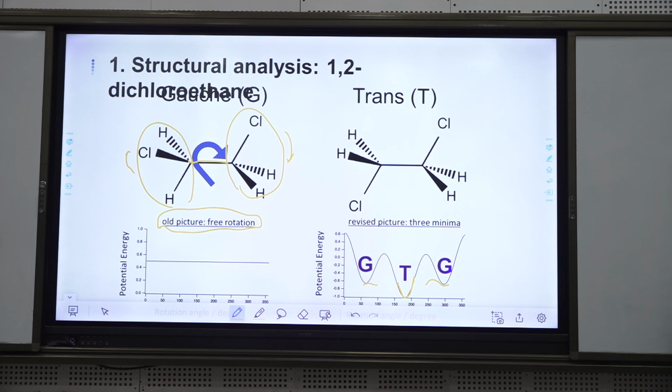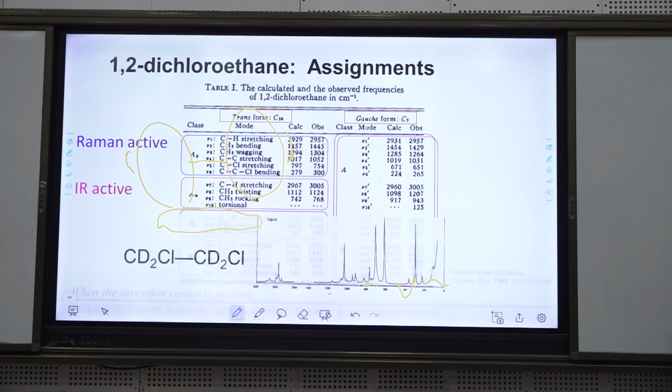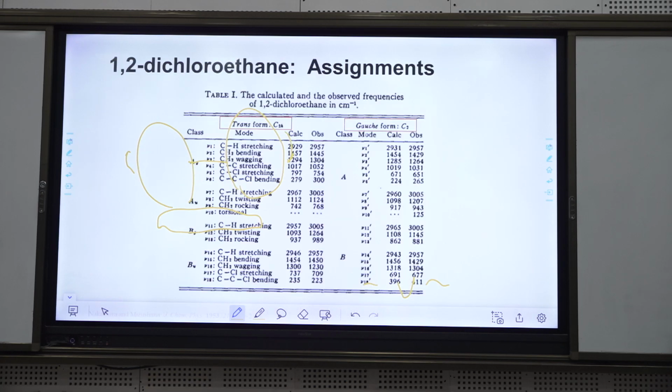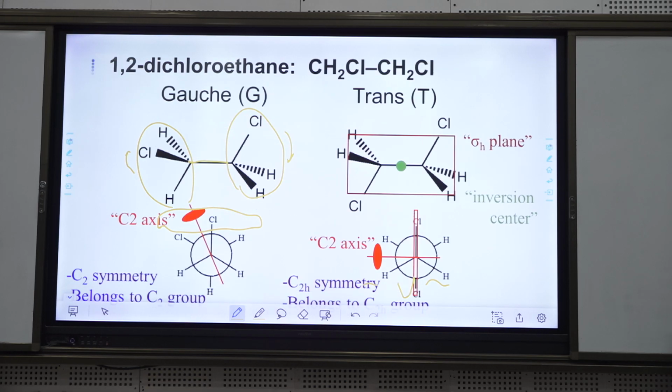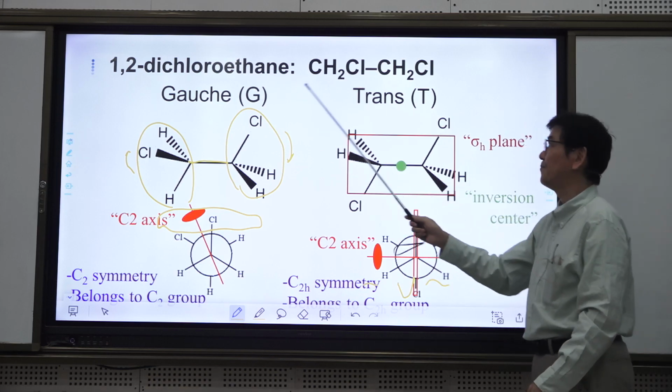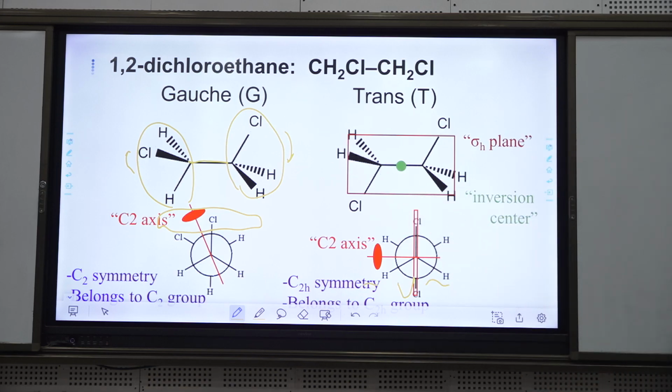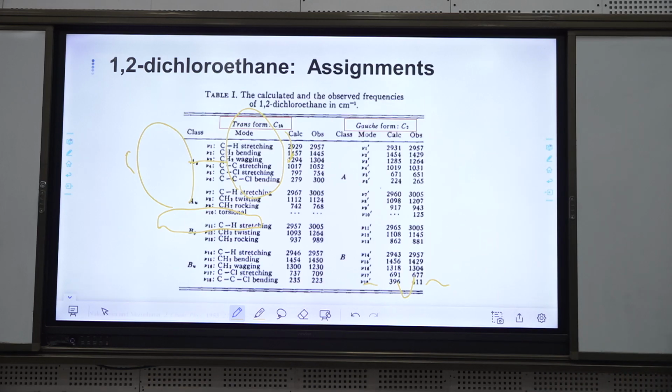Okay, so this is one of the typical examples of how to utilize vibration spectroscopy for the study of small molecules. Actually, I started this explanation based on the knowledge that there are two forms, gauche and trans. But historically, it was opposite.